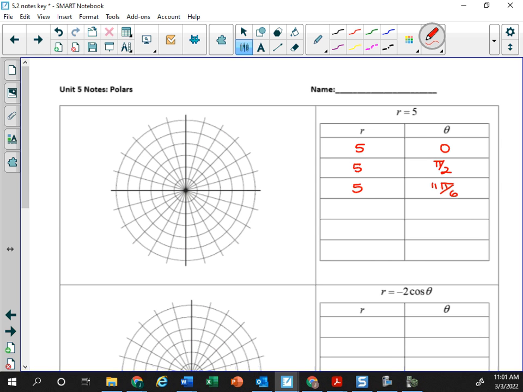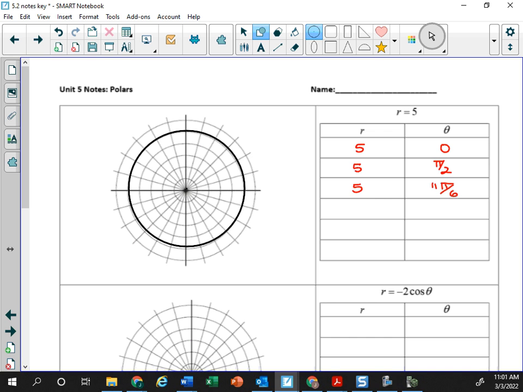It's a circle, right? It says r equals 5. That means the radius of your circle is 5. So all you have to do is center a circle at the pole and then come out to 5.